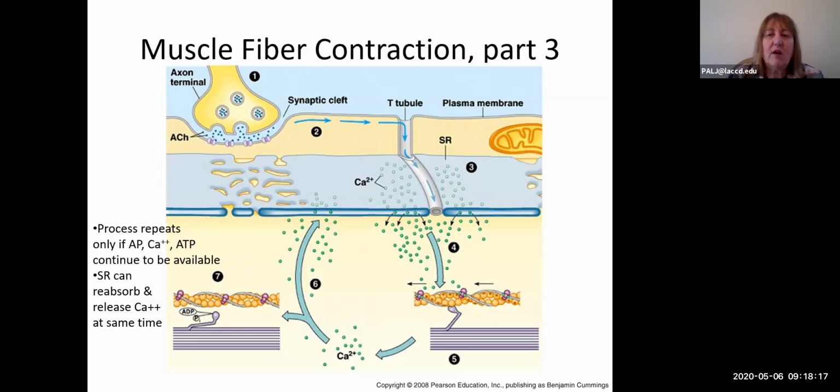So yes, the sarcoplasmic reticulum can be both releasing calcium in one area, the terminal cistern, and reabsorbing it along the rest of the sarcoplasmic reticulum at the exact same time.